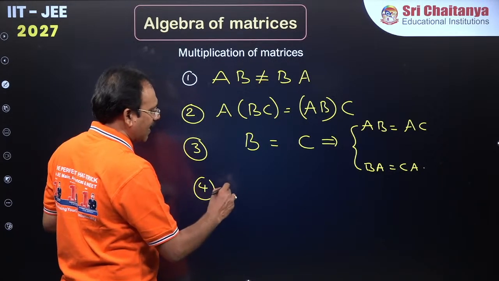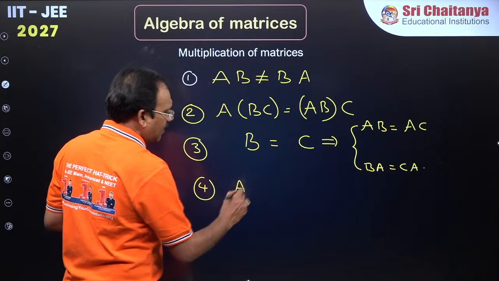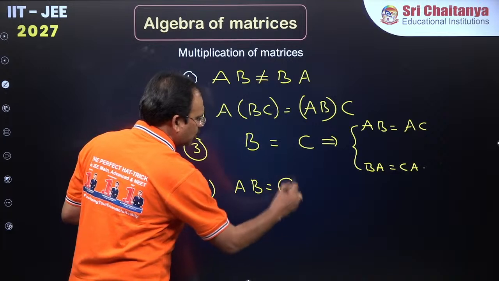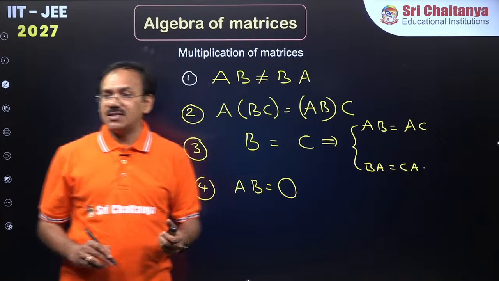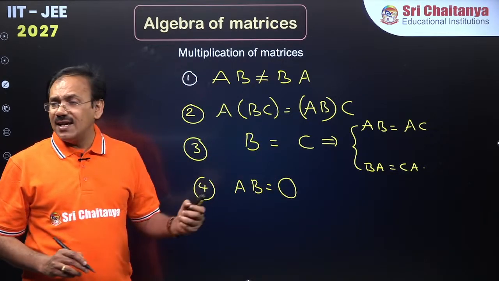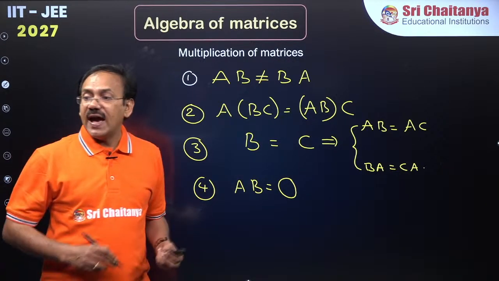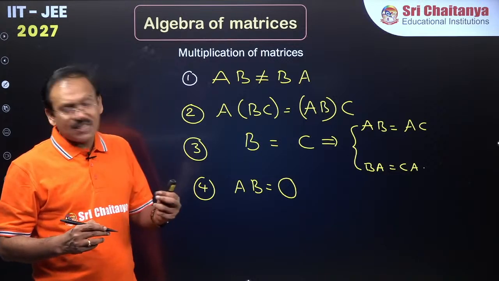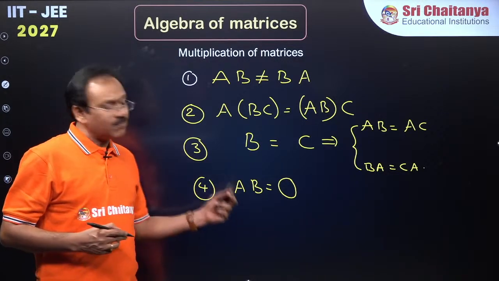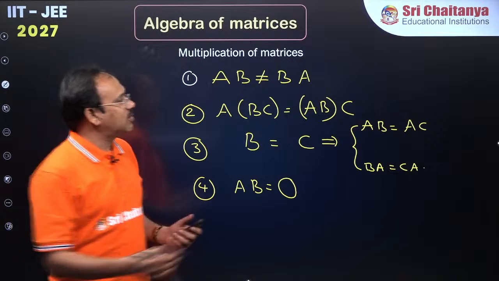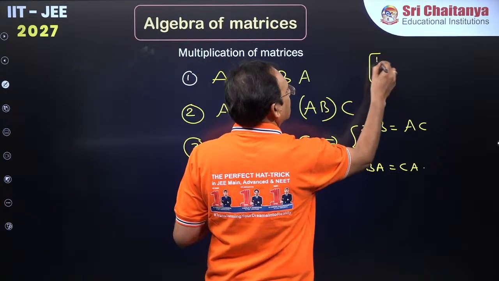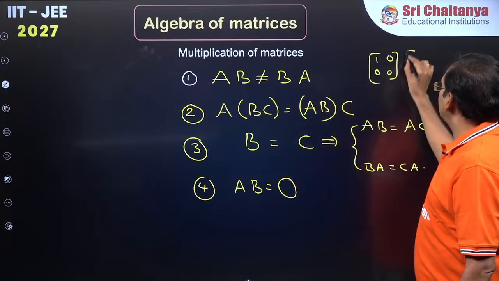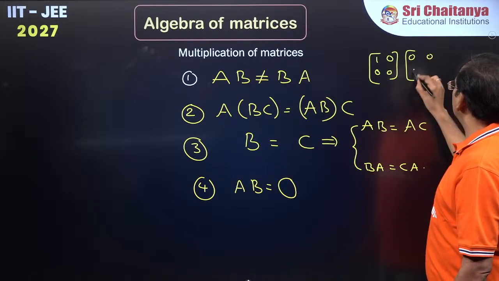Next important point is, generally in matrices, there is a possibility that AB is equal to 0. Suppose the product of two matrices is 0. In numbers, if x into y is 0, then either x is 0 or y is 0. But in matrices, both may be non-zero but the product may be 0. The best example is: A matrix is 1 0 0 0, B matrix is 0 0 0 1.